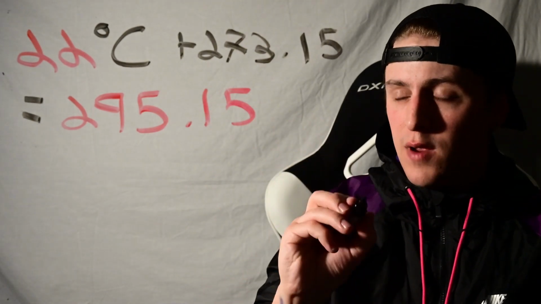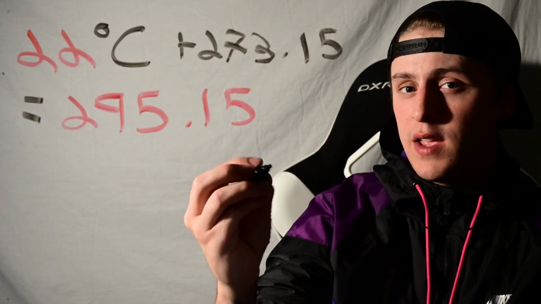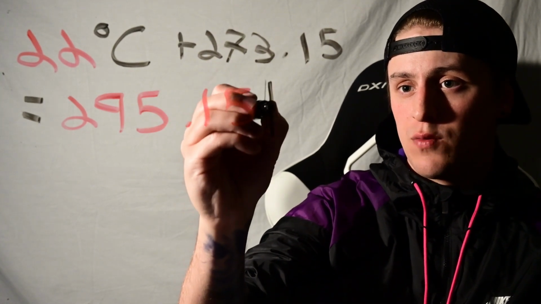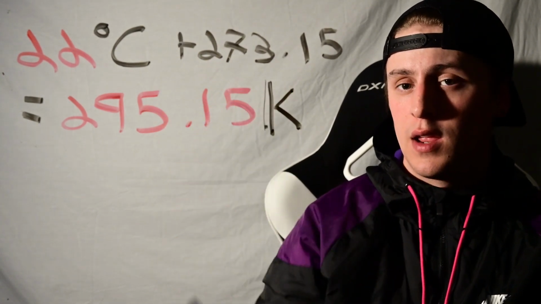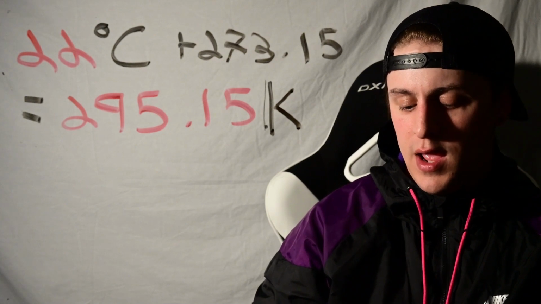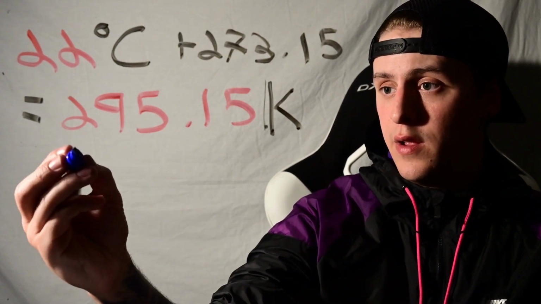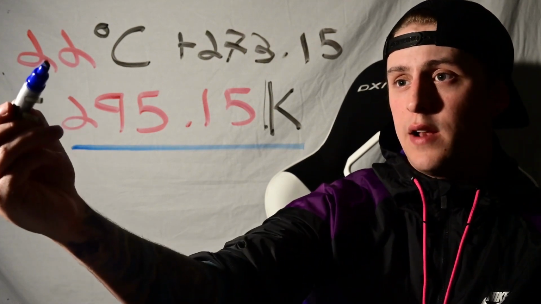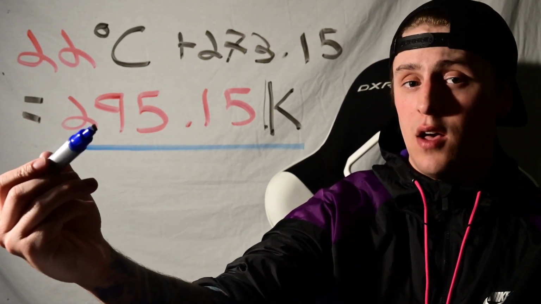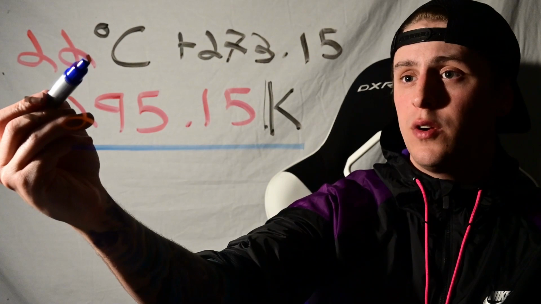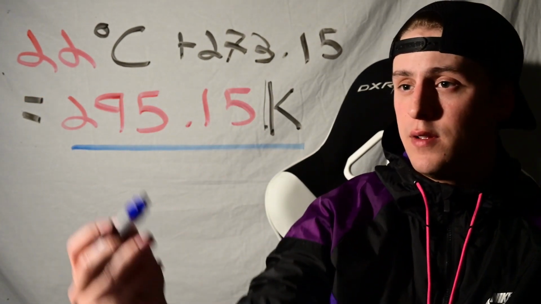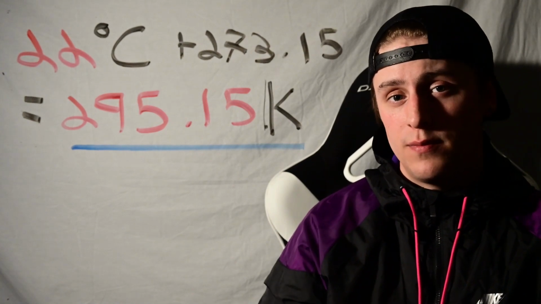Now this is a very big distinction. When you write Kelvin, you don't use the degree symbol. You just write K. And that is all you need. So we've taken our 22 degrees, added 273.15. There we go. That's it.